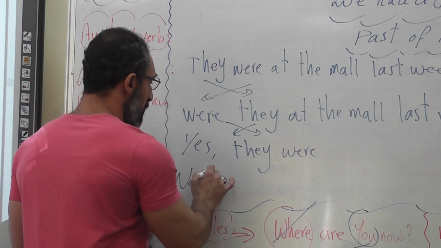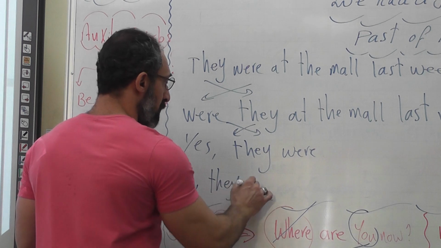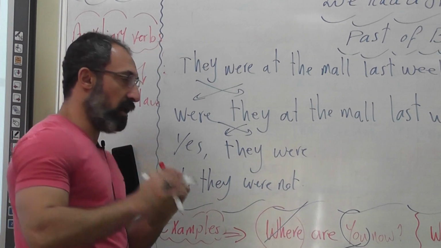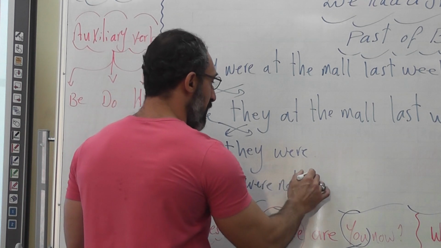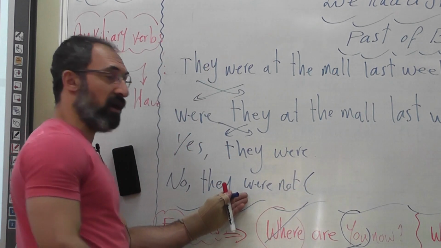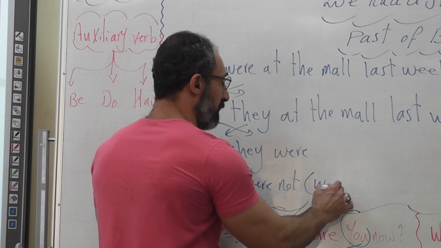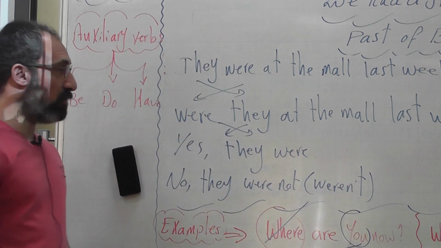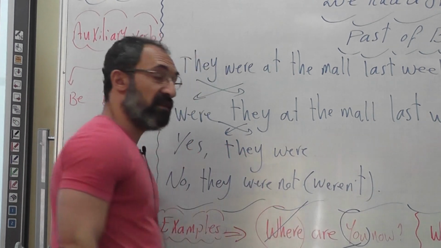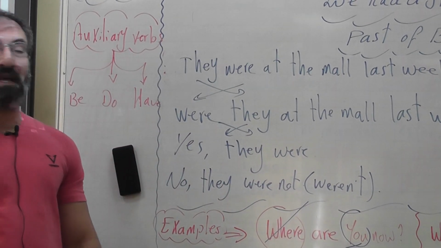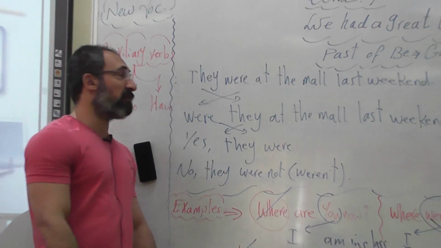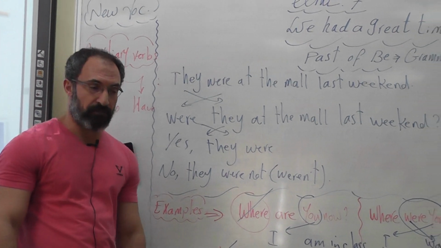So, they were not. Again, we can have a short form of were not to be weren't, with an apostrophe T. Okay? So, this is our second answer. We don't have a third answer, by the way, when we make an answer for a yes/no question.